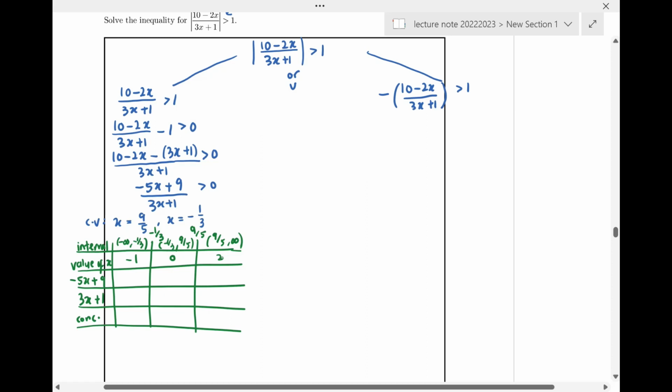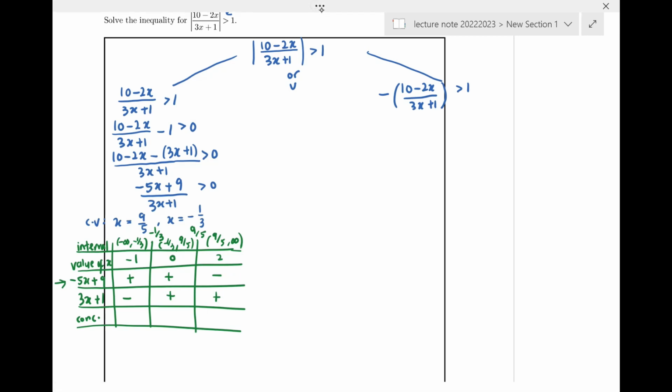Remember using the calculator, you key in negative 5x plus 9, and then you substitute negative 1 and calculate, and you will get the sign. So I have here positive, and then negative. You will do the same for 3x plus 1 and you will have negative, positive, and positive.